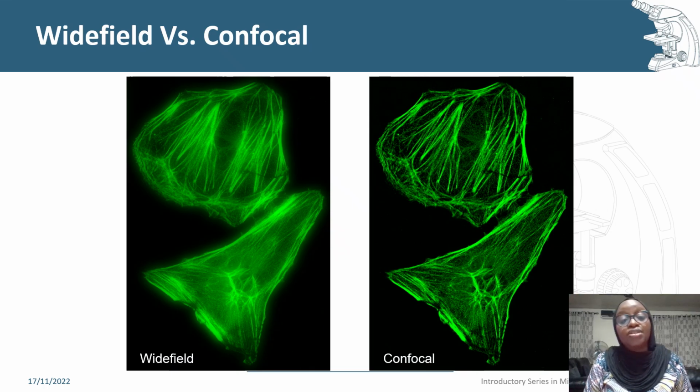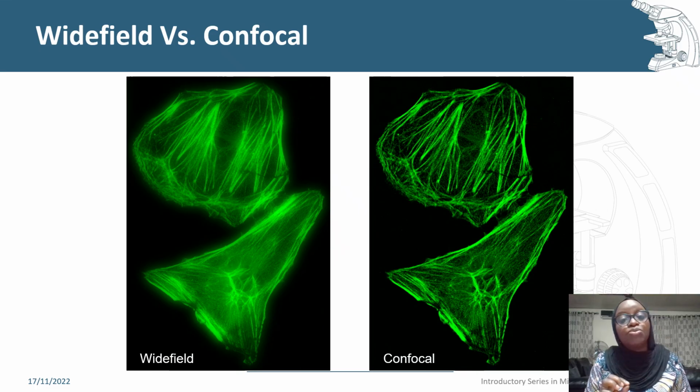So, what is the difference between wide field microscopy and confocal microscopy? Looking at these two images, confocal microscopy can limit detection to only one plane, limiting the light to the focal plane of interest.